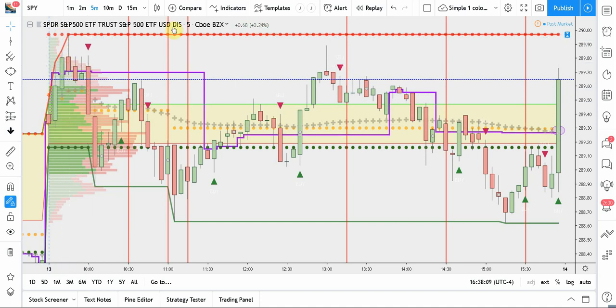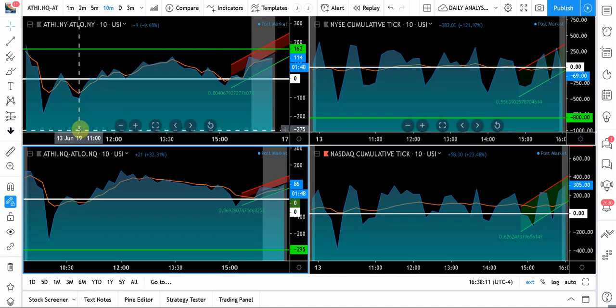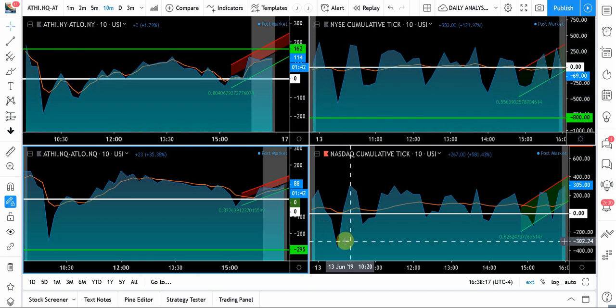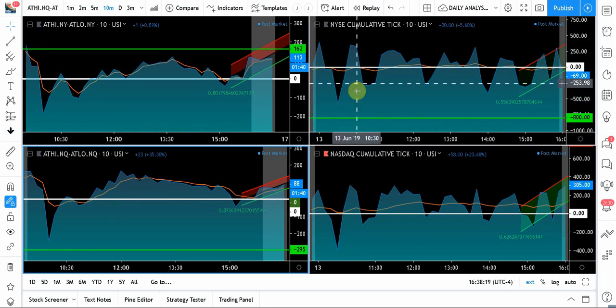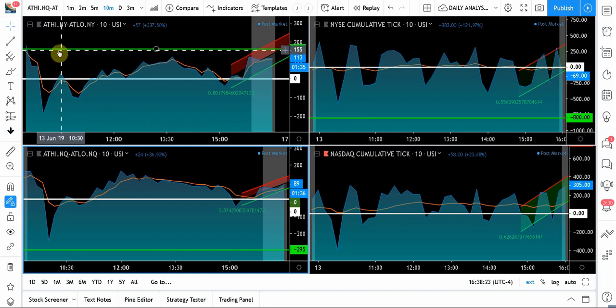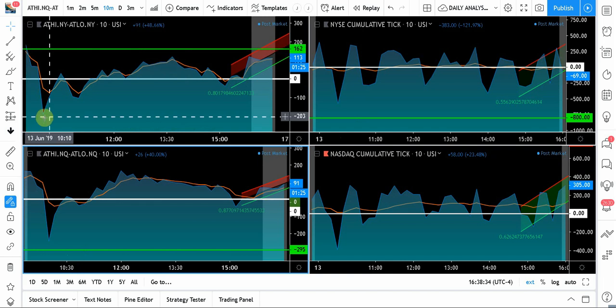Anyway, let's take a look over. If you're watching something like this, you can see that tick is trending down almost from the get-go. And both ticks, the New York tick, the Nas tick. Same thing with the at highs. Initially, zero is kind of an even number, but there were more instruments above zero at highs than there were at lows.